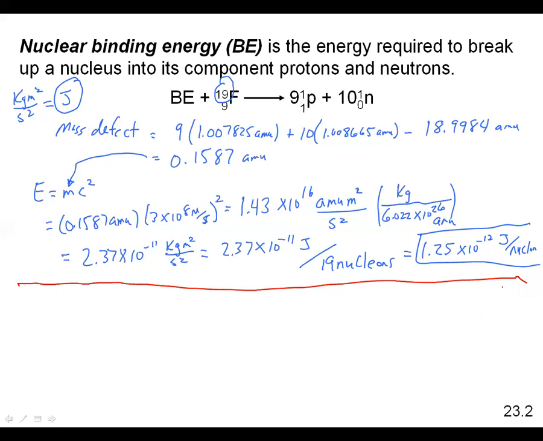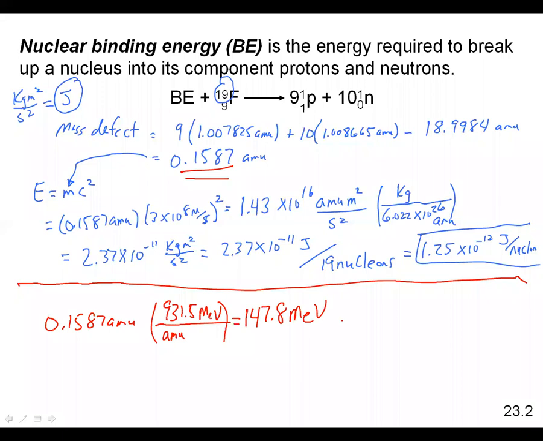You could take up to this point here and start with your 0.1587 AMU, and use that conversion that we saw on the previous page, that an AMU, a mass defect, equals 931.5 mega electron volts. Gets you something like 147.8 mega electron volts, which again is another common unit that you find for binding energy.